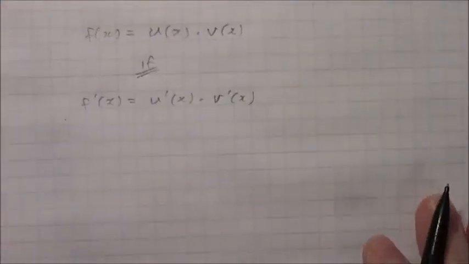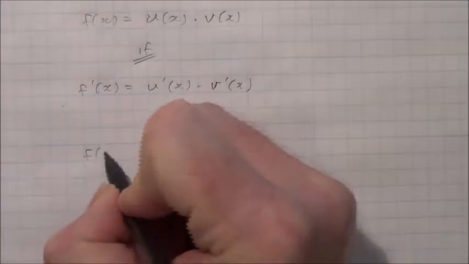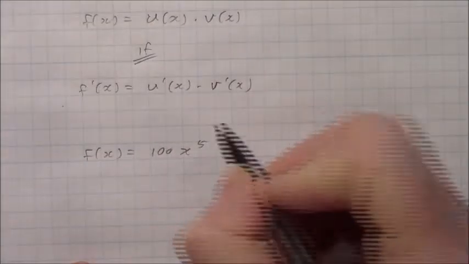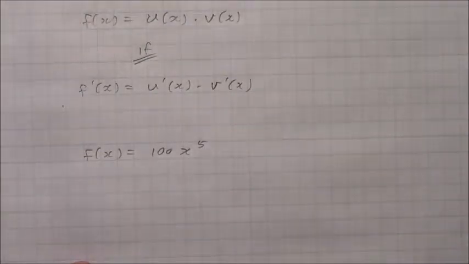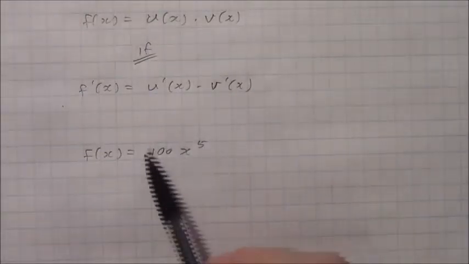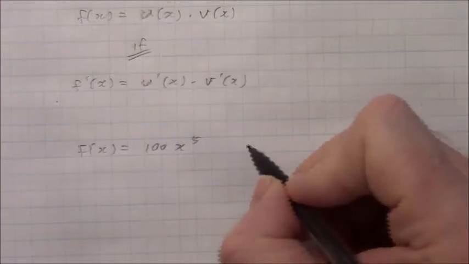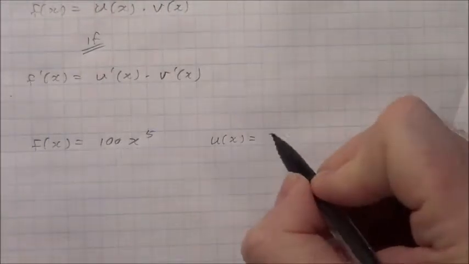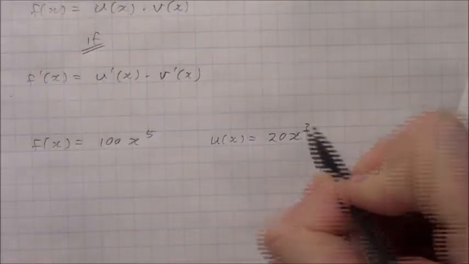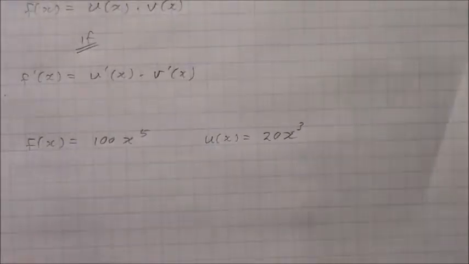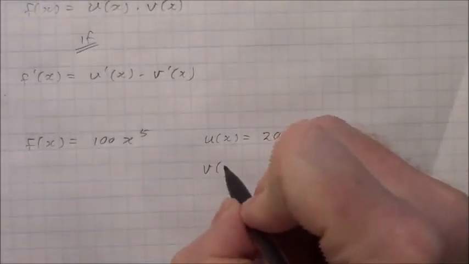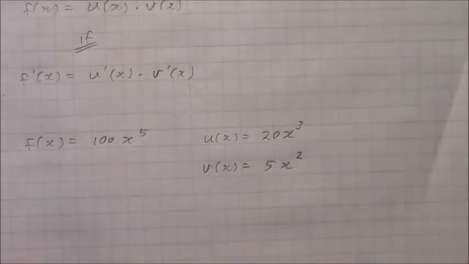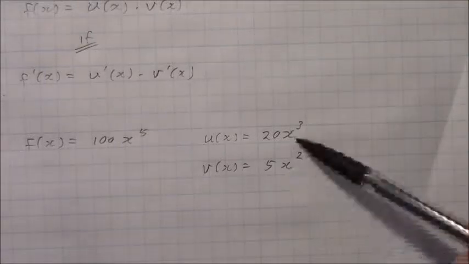Okay, so just for an example, let's say that f of x equals 100x to the power of 5. Let's break this apart and say that u of x is, say, 20x cubed, and then v of x would be 5x squared, because the product of these will give you this.